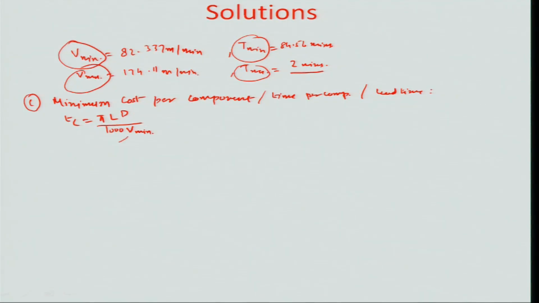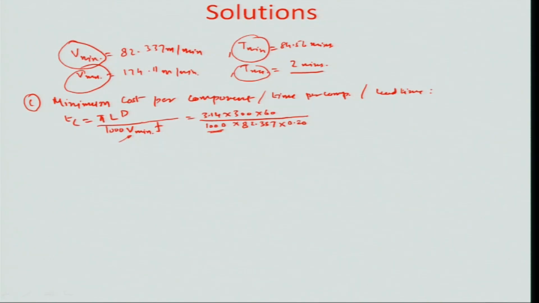So we use the velocity condition corresponding to the minimum cost model, and in this particular case it comes out to be 3.14 times the length of the piece, which is about 300 mm, the total diameter, which is about 60 mm, divided by the velocity minimum in terms of meters per minute. So that is why this 1000 factor comes into picture, 82.337 meters per minute times the total amount of feed. In this case it is 0.20 millimeters, okay.